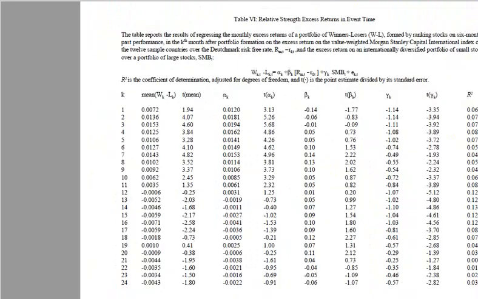I'm going to have to zoom out a bit to get this entire table in here. So here we go. Okay, so here we have sort of the same regression as we've seen before, sort of a two-factor model. And we have the winners and losers should equal an alpha figure plus the market risk, which is basically the MSCI index of the 12 countries, minus the Deutschmark risk-free rate.